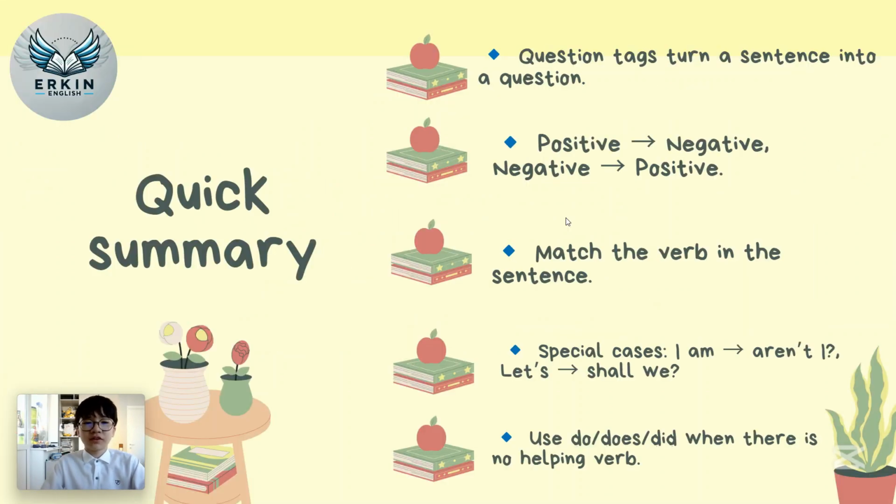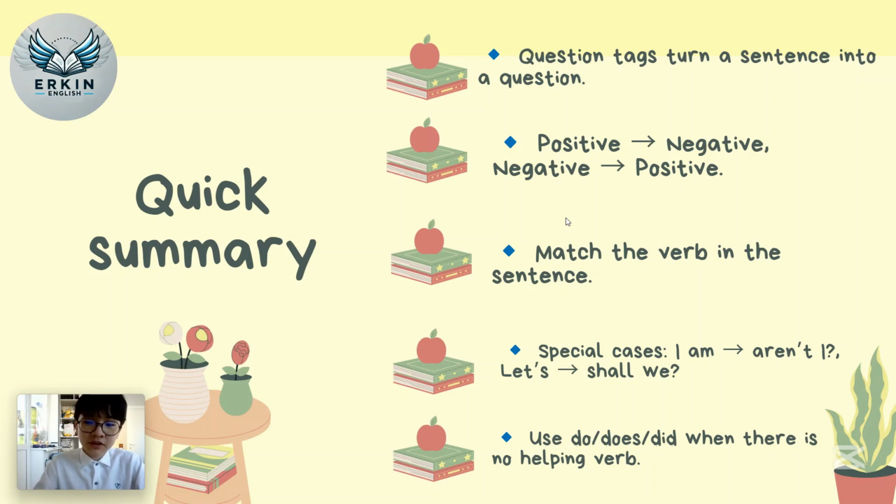Now let's recap a little. A quick summary. So, first of all, question tags turn a sentence into a question, always. Second of all, there's a rule for that: positive, negative, negative, positive. You already remember that. Third of all, you must always match the verb in the sentence.